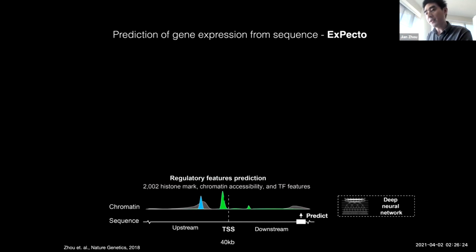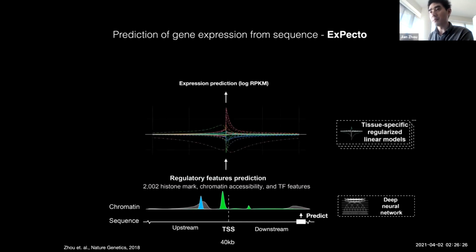With this spatial pattern of chromatin profiles, we want to train a model to predict gene expression. In this model, we use a regularized linear model that learns the contribution of each chromatin profile to the gene expression at each different position. So we learn these smooth patterns of contributions from each chromatin profile prediction to the gene expression.